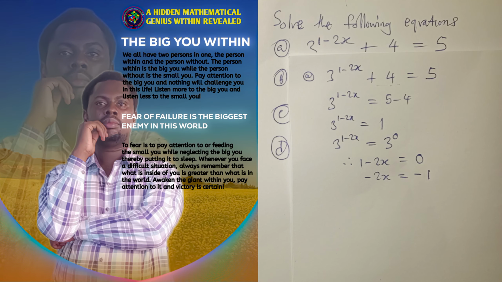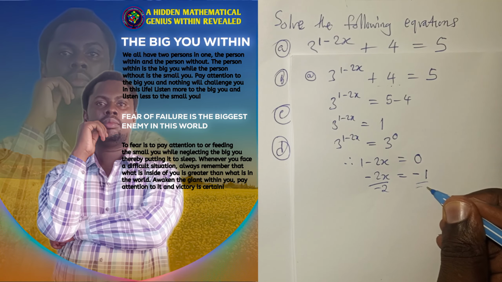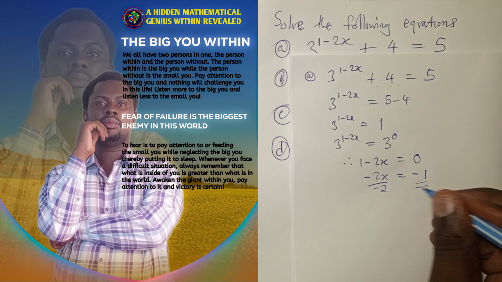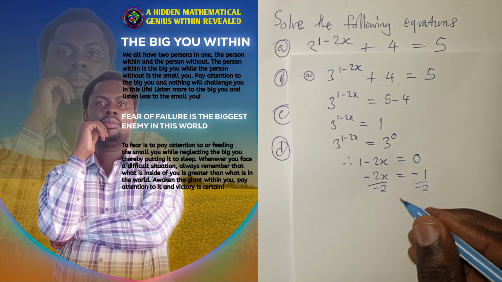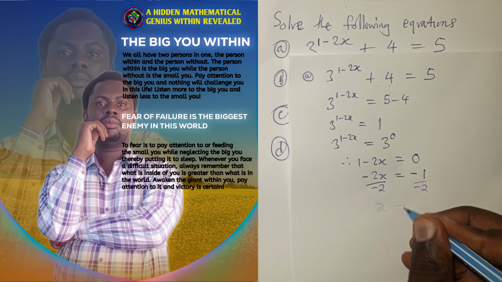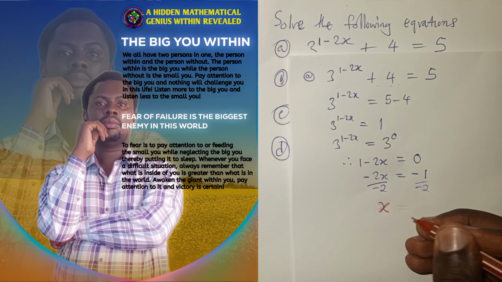And for us to remain with x, you just divide by minus 2 on both sides of the equation. So over minus 2, and this side over minus 2. Minus 2 and minus 2 cancel out.